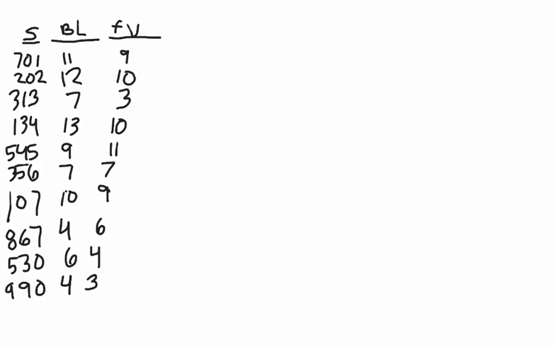Well, the first thing that I want to do is make another column representing the difference between the baseline and follow-up score. So I'm going to label that D for difference.